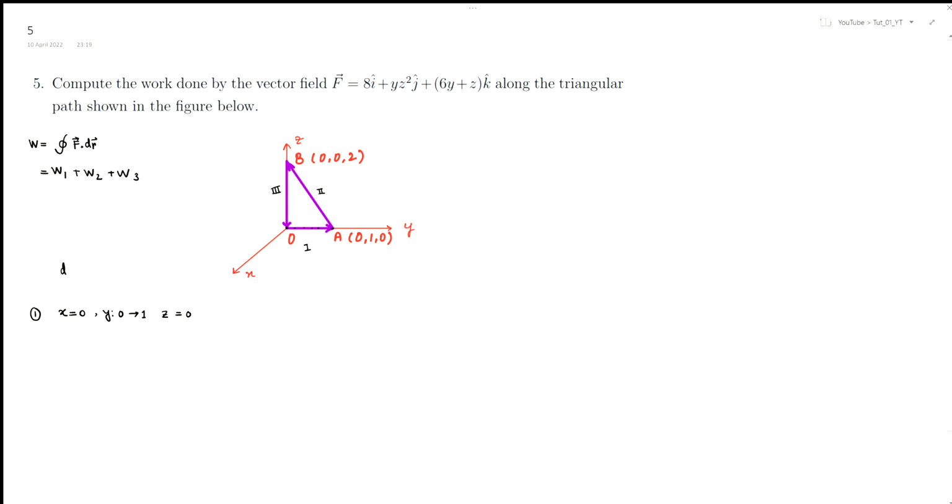In general, we write dr in the Cartesian coordinate system as x cap dx, y cap dy, and z cap dz. Because along path 1 x is constant and z is constant, dx will become 0 and dz will also become 0. Only dy is not 0, because y is changing. Combining all three, our dr vector along path 1 is basically y cap dy.